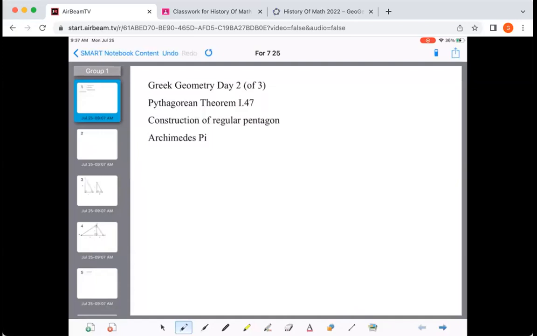Now, most proofs of the Pythagorean Theorem, we see like the Chinese one, which is kind of like a dissection proof. There's a diagram, and we're showing that the two smaller squares have the same area combined as the large square.